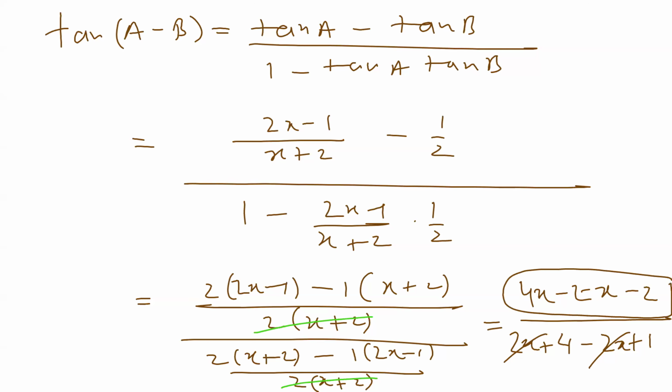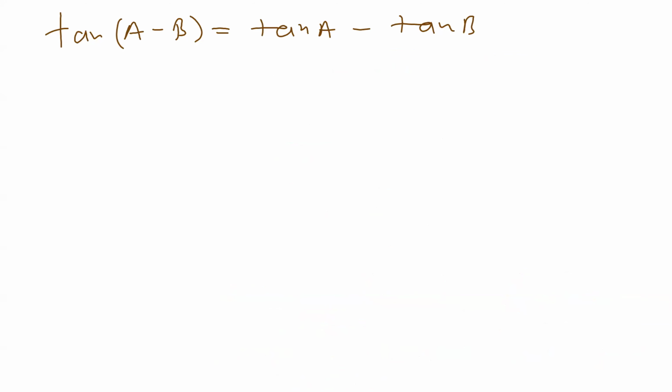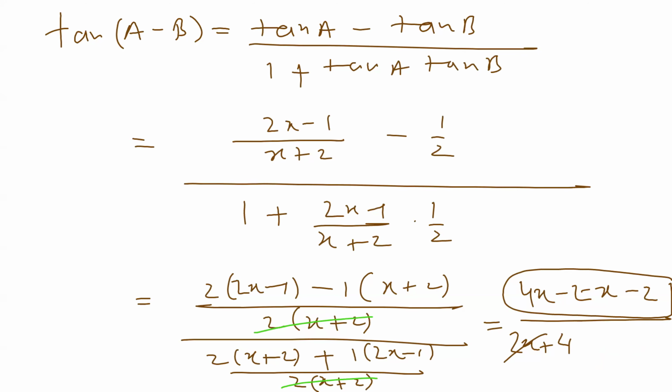tan A is 2x minus 1 upon x plus 2. That is what we proved. Yeah. Sorry, I copied the formula wrong actually. This should be plus over here. Very sorry for this. These things happen sometimes while copying, while writing the steps. Sorry for that.